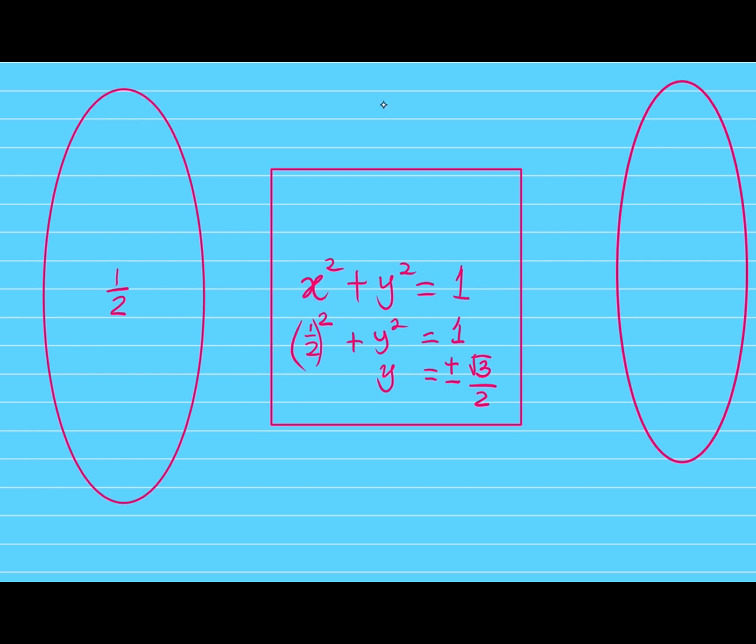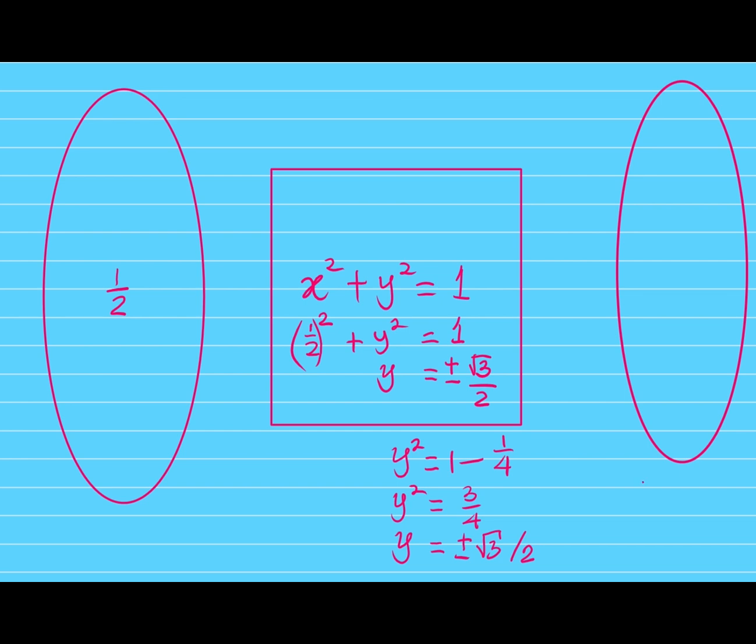Take that to the other side, which gives you y squared equals 1 minus 1 over 4. That gives you y squared equals 3 over 4. If you take the square root of both sides, you have y equal to plus or minus root 3 over 2. Why it's plus or minus is simple.